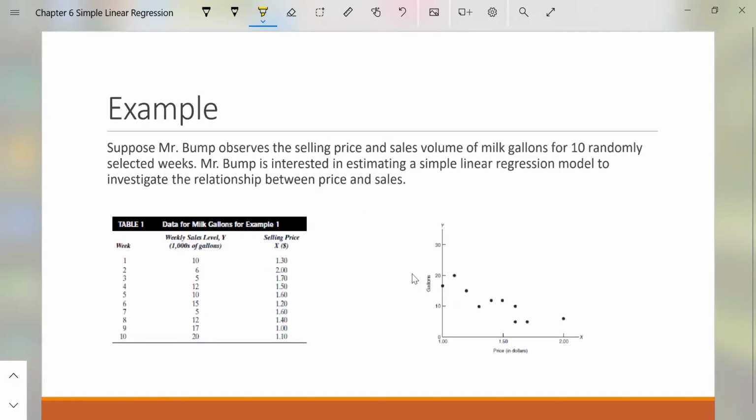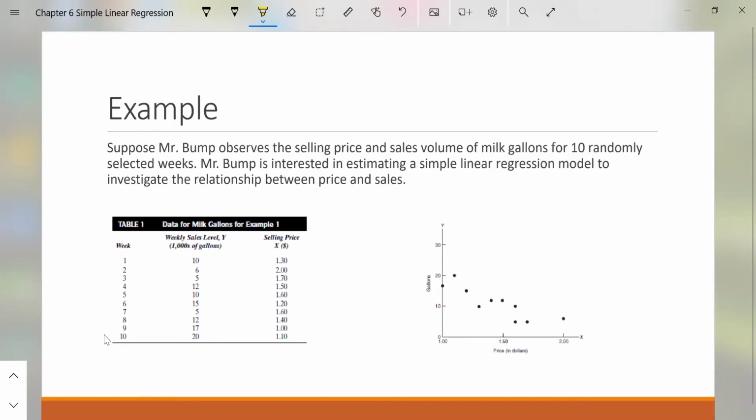Okay, so next, let's look at an example and see how we use the least squares method to do the estimation. Suppose Mr. Bump observed the selling price and sales volume of milk gallons for 10 randomly selected weeks. Mr. Bump is interested in estimating a simple linear regression model to investigate the relationship between price and sales.